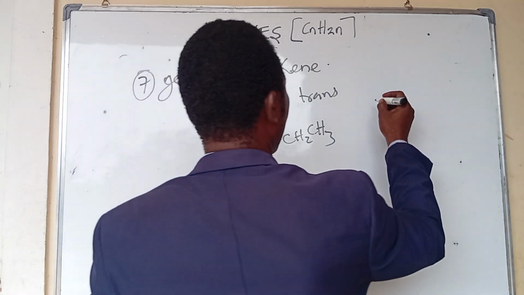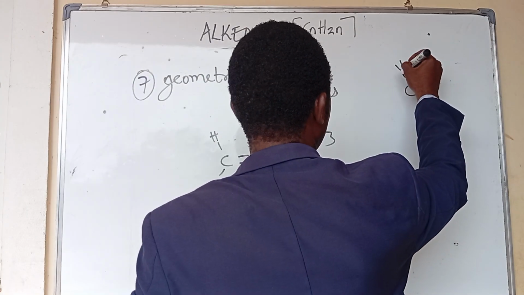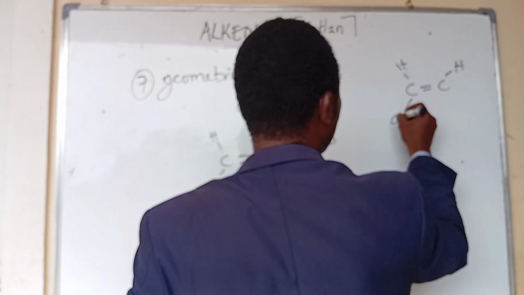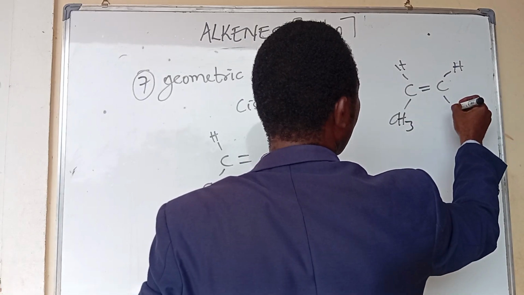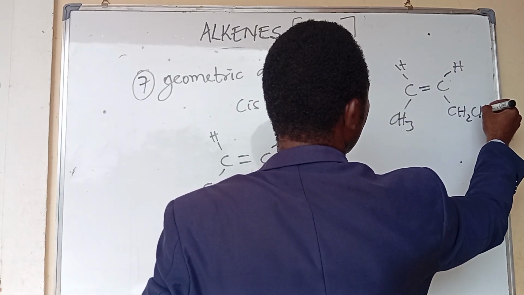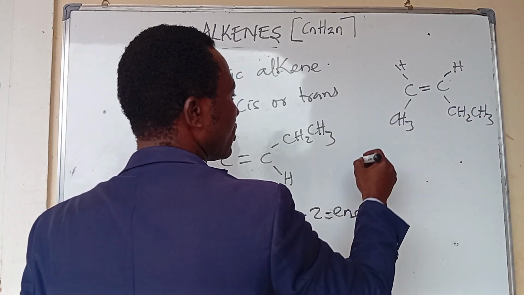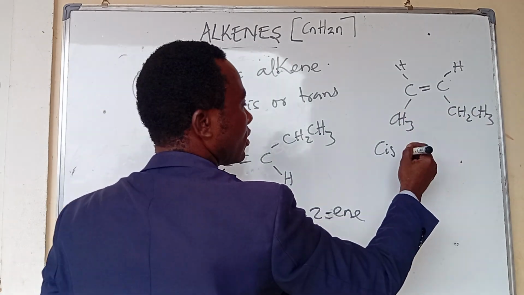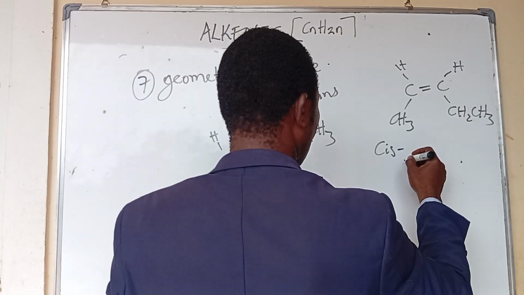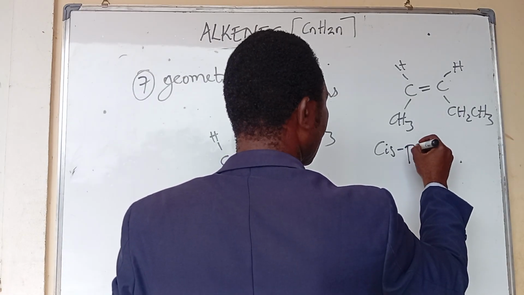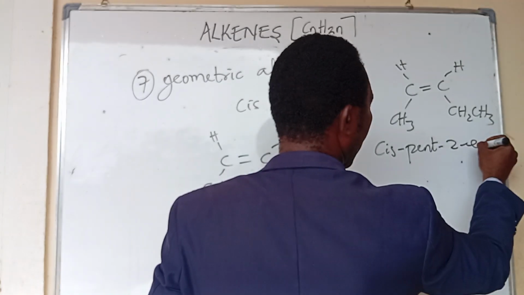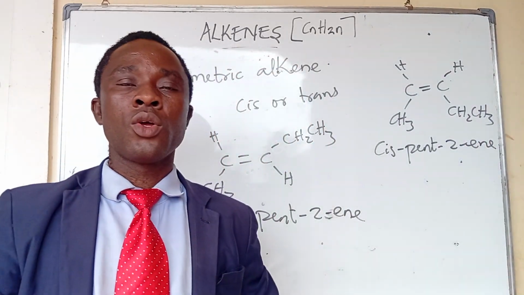But when you have it in this way, C, H, double bond C, H, then you have CH3 here, and here you have CH2, CH3. The name becomes cis, because the groups are at one side. So it becomes cis pent 2 ene.